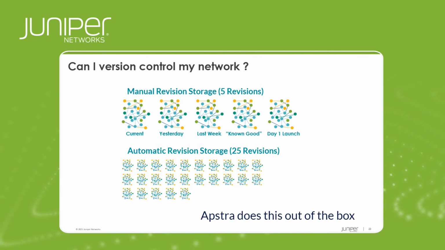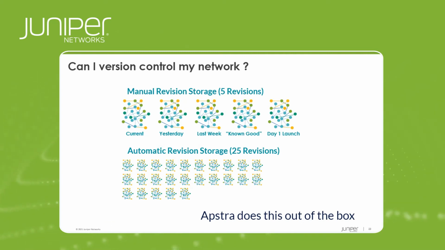So we store the 5 latest revisions, and we allow you to store 25 other ones for life if you want to store them forever and roll back to them. So imagine the power of the rollback on a specific device and making it system-wide, knowing that we manage very large data center leaf-spine architectures for customers.